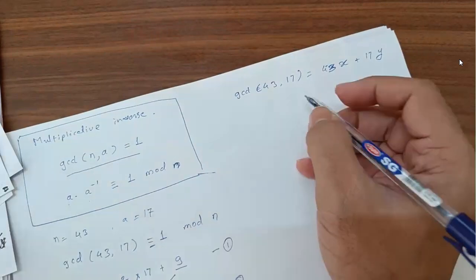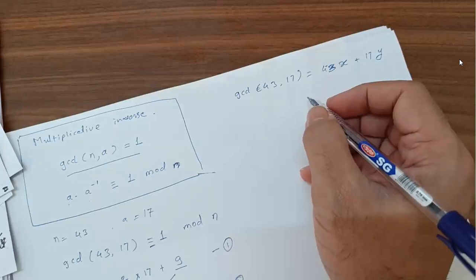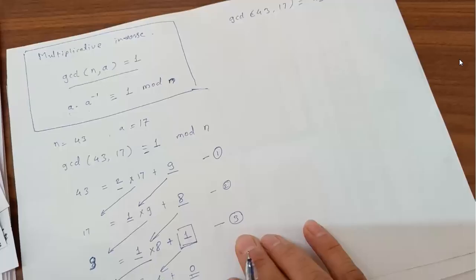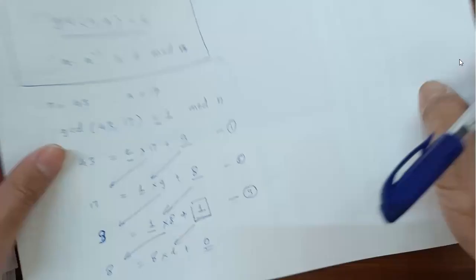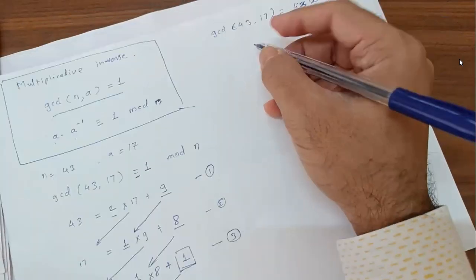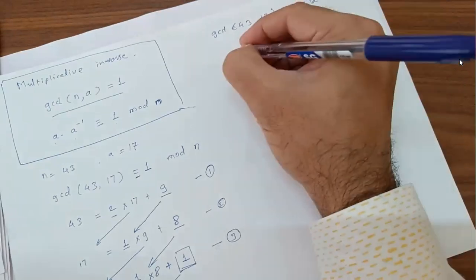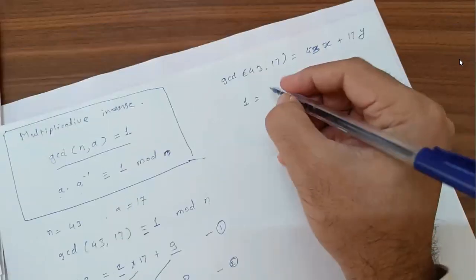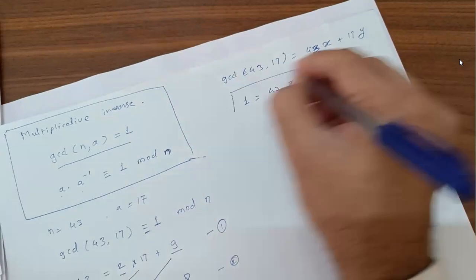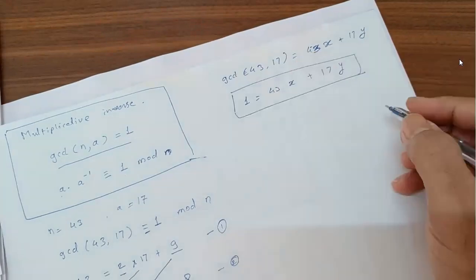Yes, it is correct. So we'll start with the equations here to find out the values of x and y. The GCD of 43 and 17 is 1, so we can rewrite this as 1 equals 43x plus 17y. So this we have to solve to find the values of x and y.